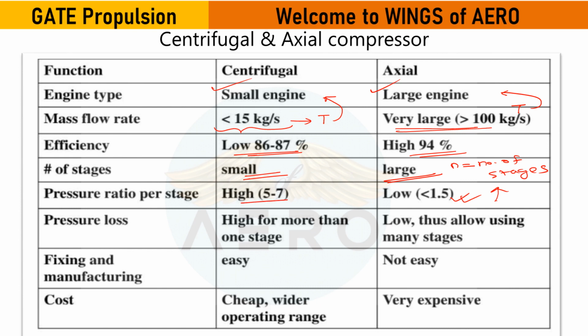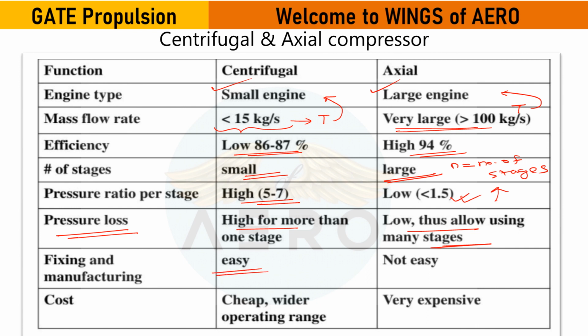Per stage, centrifugal can create 5 to 7, whereas axial creates 1.5 for each stage, and based on the number of stages this value will increase. Talking about pressure loss, the loss for one stage is quite high for centrifugal, but for axial there is very little loss.